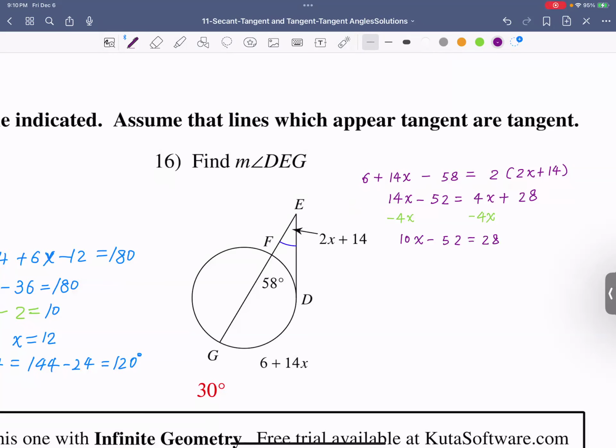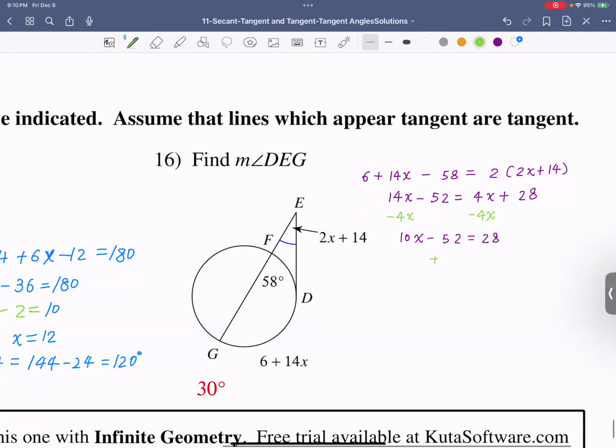So far, so good? And then we plus 52 for both sides. Plus, minus, immediately cancelled out. So 10x equals, how much is this? 80. That's 80. So x will be 8.